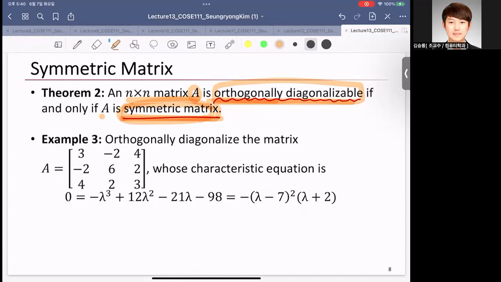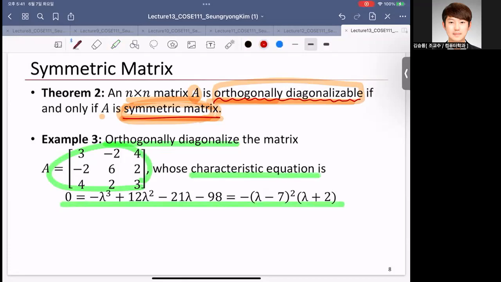Let me show you an example because it looks very complicated. I will just give you a very simple example. The question is: orthogonally diagonalize the matrix A, 3, -2, 4, 6, 4, 2, 3, whose characteristic equation is like this.